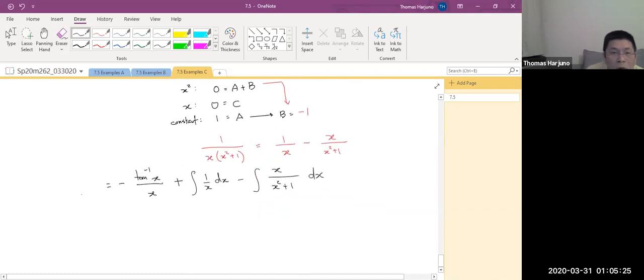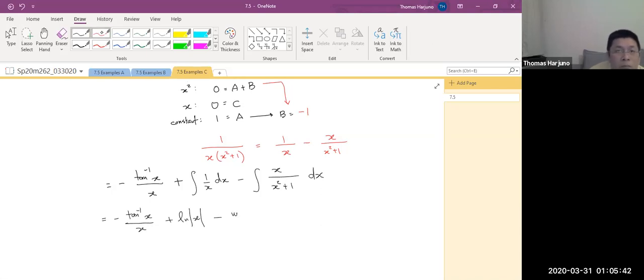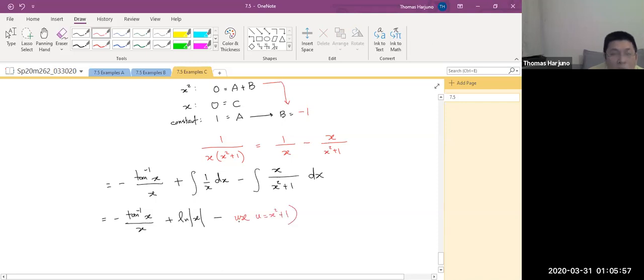I think you can go on yourself from here, right? Use u equals x squared plus 1. Okay, now of course don't forget at the end this constant.